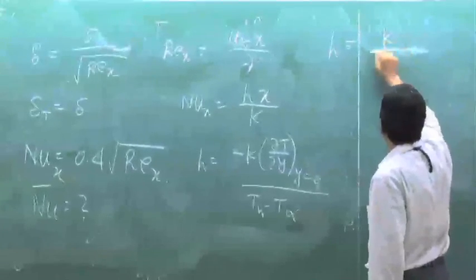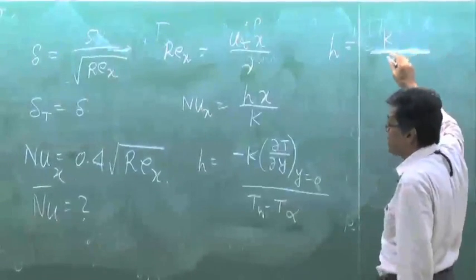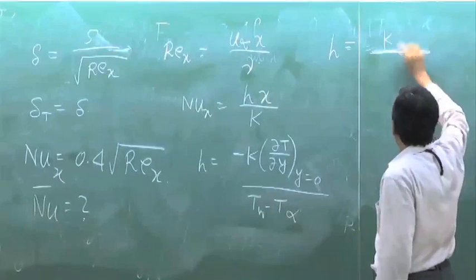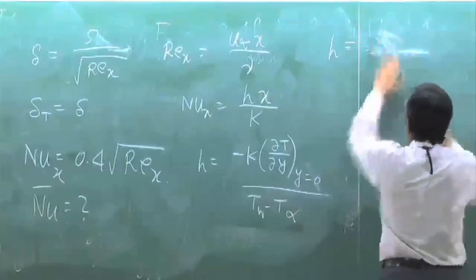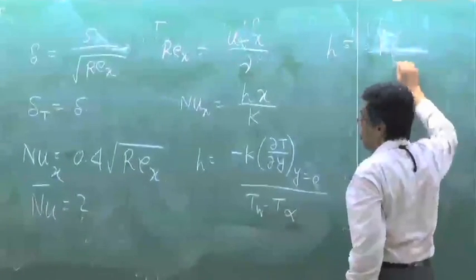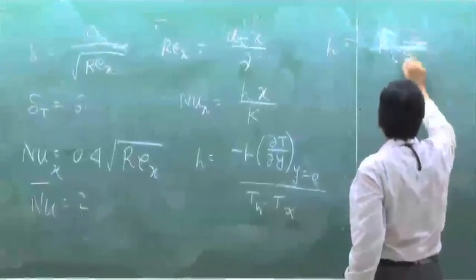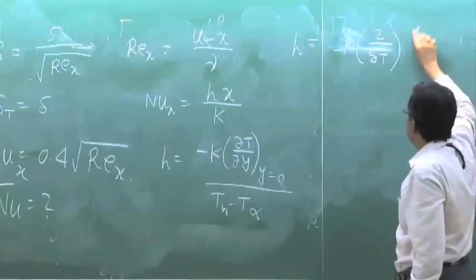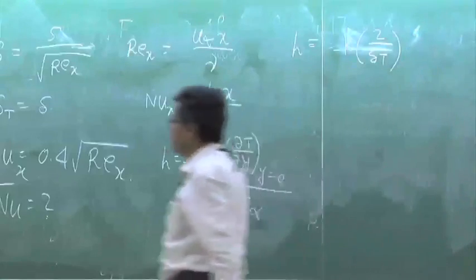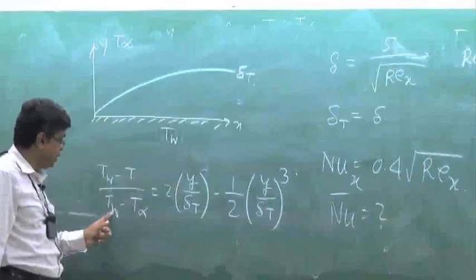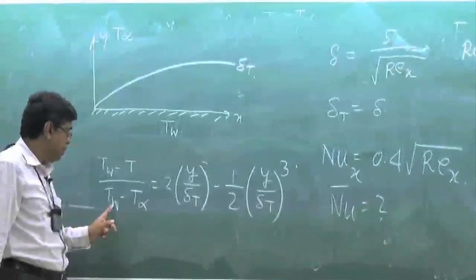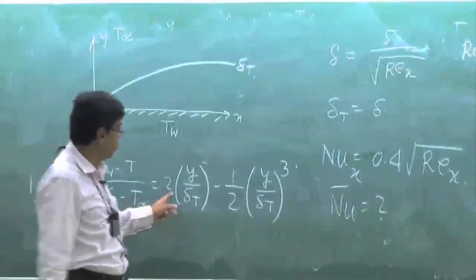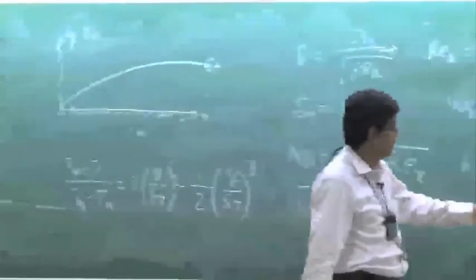k into, what is that? k into 2 by delta T. Del T del y at y is equal to 0 is T infinity minus Tw into 2 by delta T and Tw minus a minus.